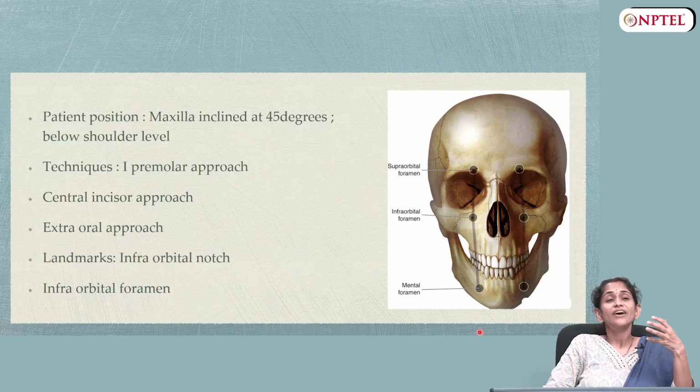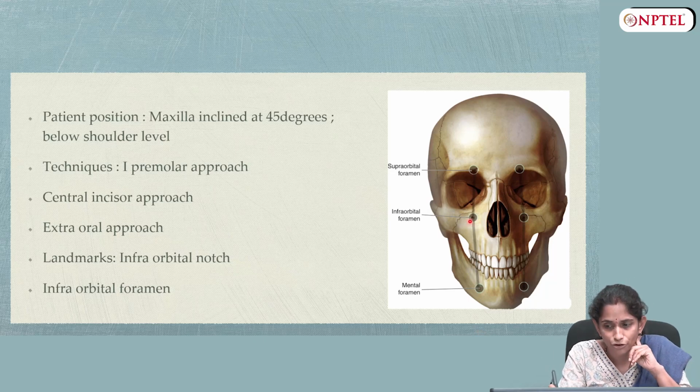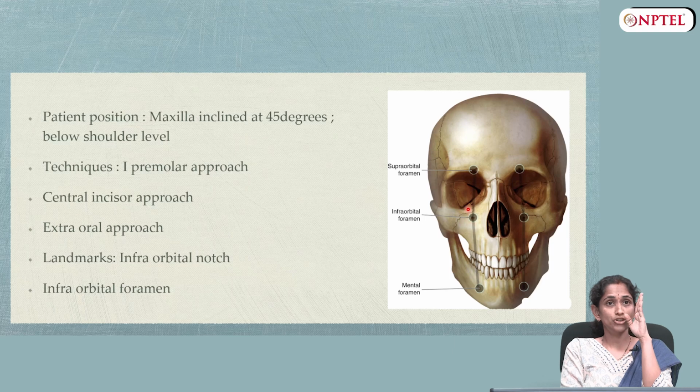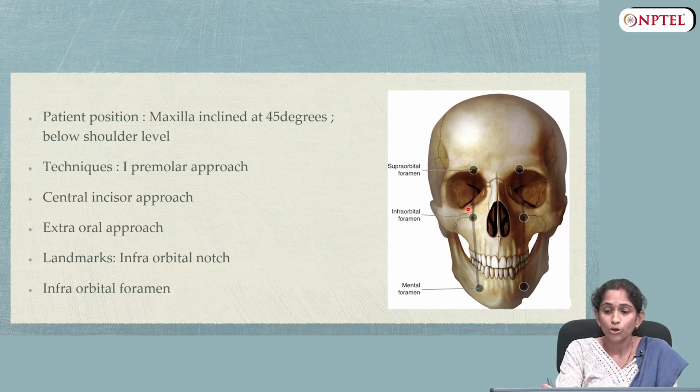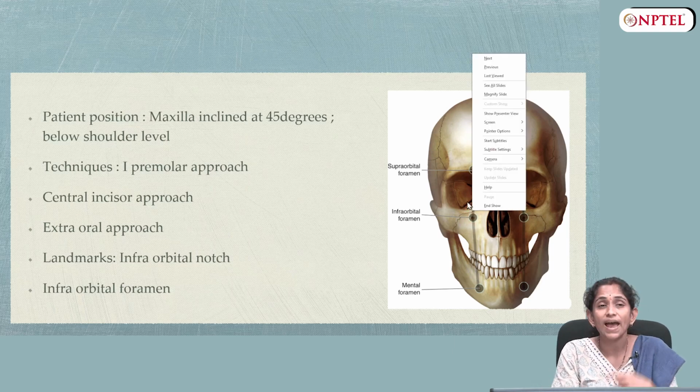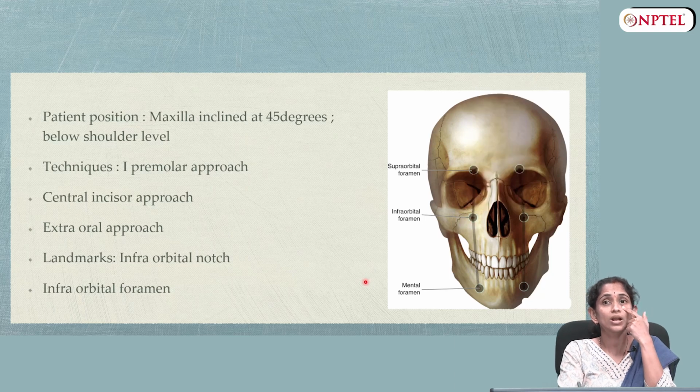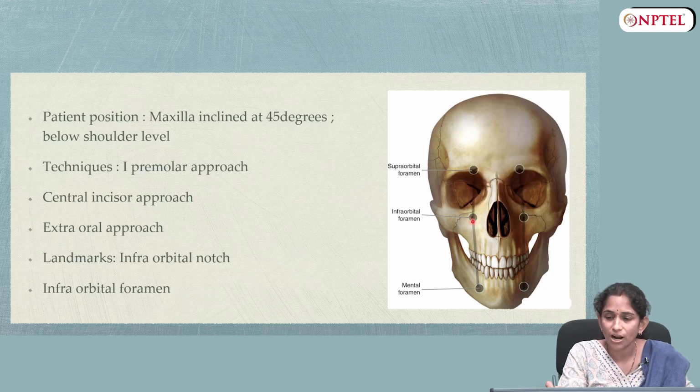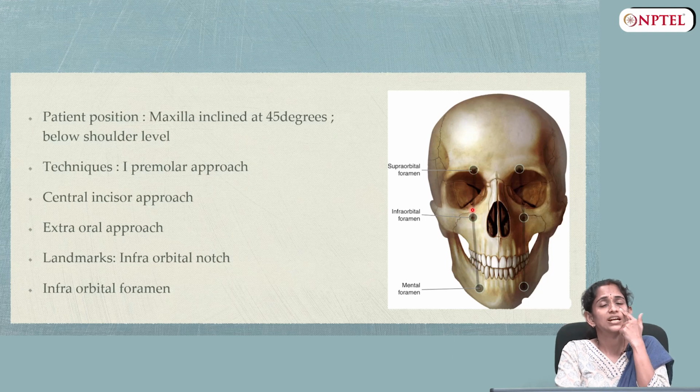So, if you have difficulty identifying the position of the infraorbital foramen, ask the patient to look straight. That is when you palpate the infraorbital notch, and when we dip our finger down, we get to the infraorbital foramen, which is a small depression present below the infraorbital notch.